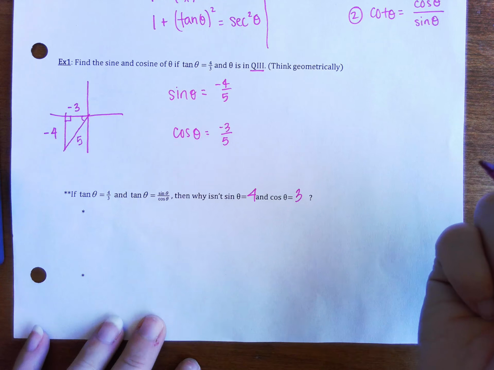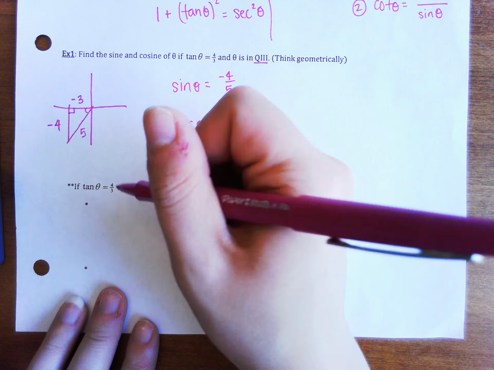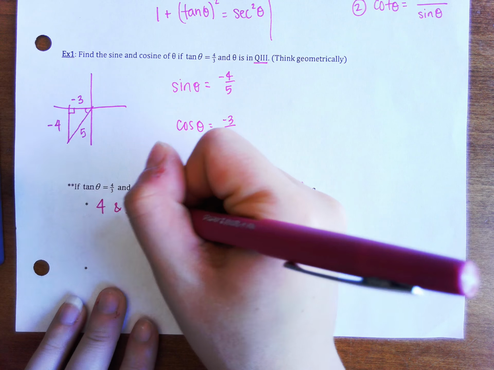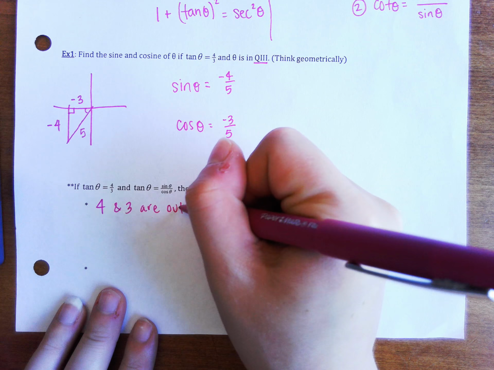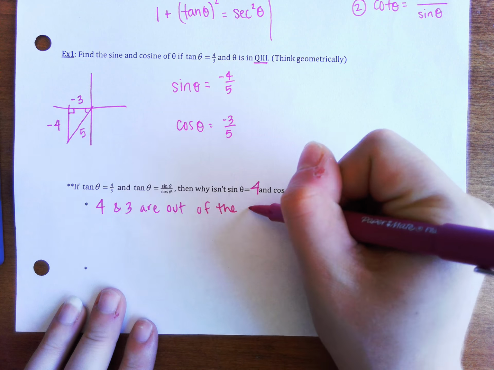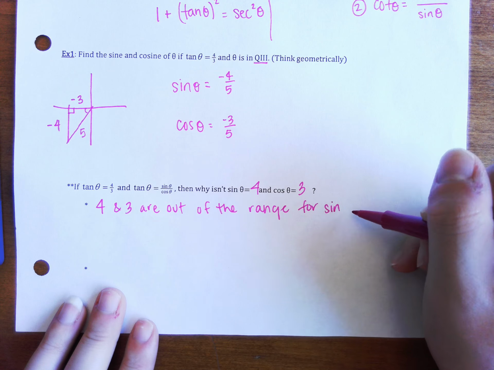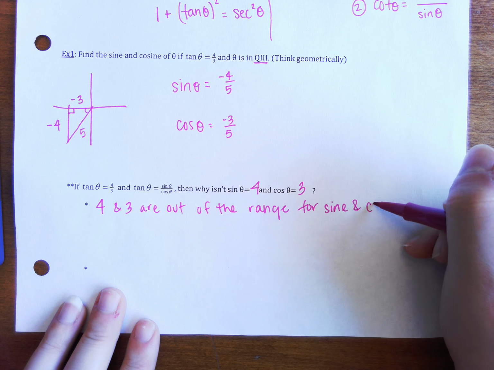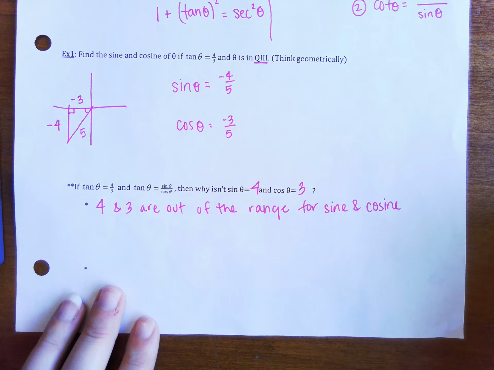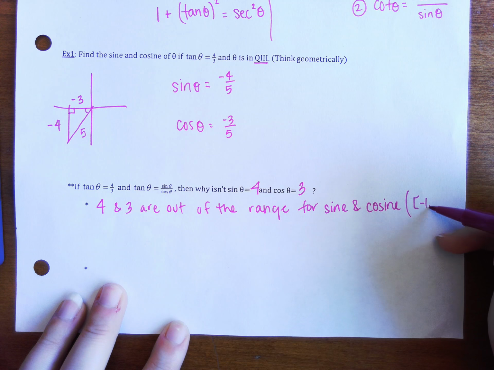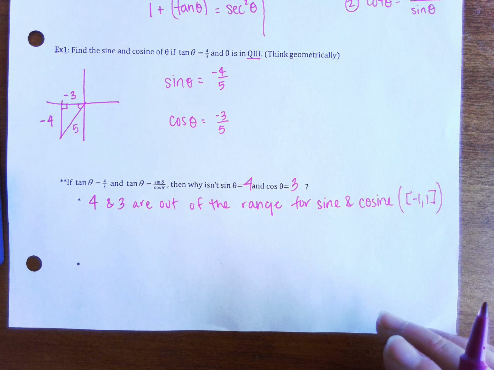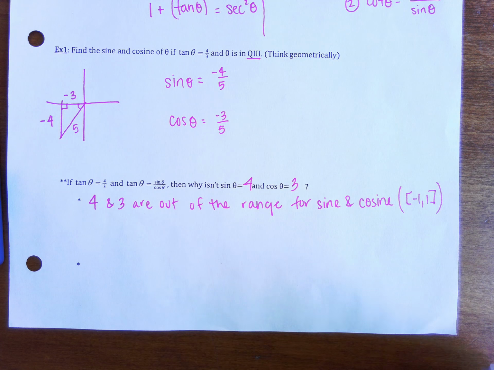So that's maybe the one top reason, is that 4 and 3 are out of the range for sine and cosine, which we know from today is negative 1 to 1. They can only be between those values. So 4 and 3 definitely don't fall in that range.